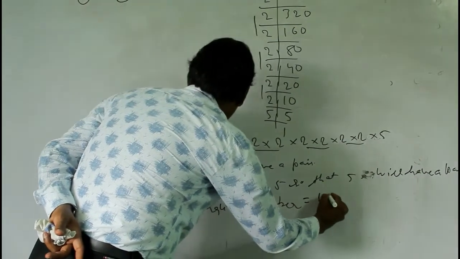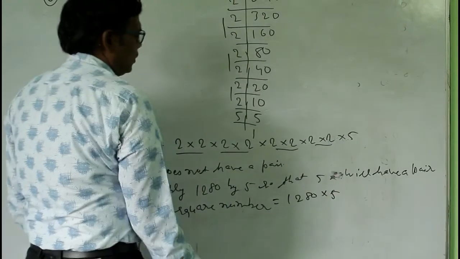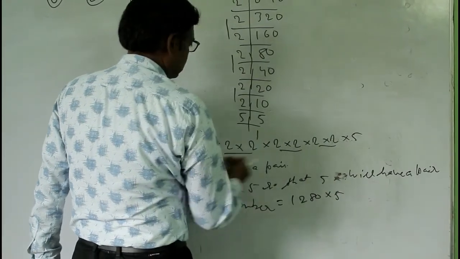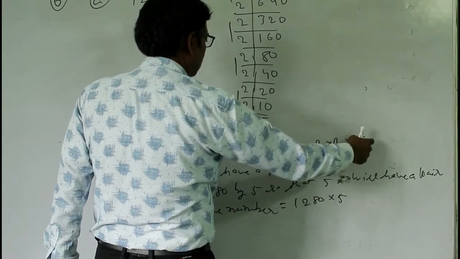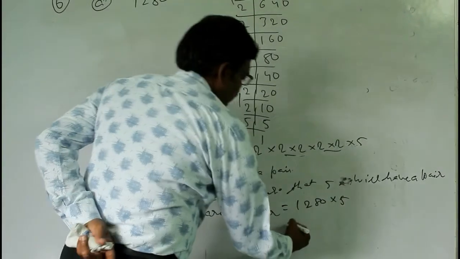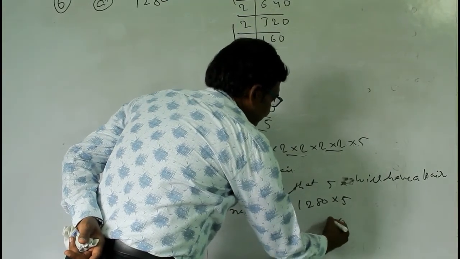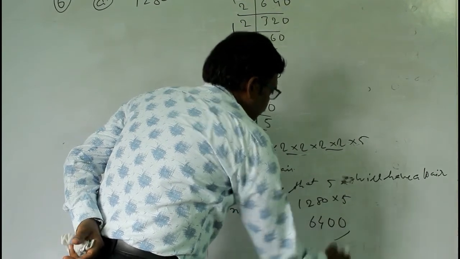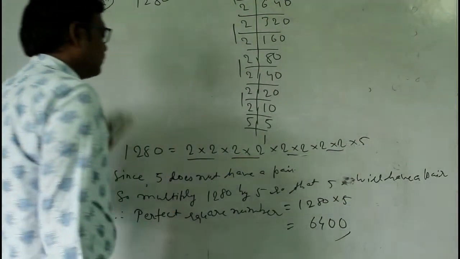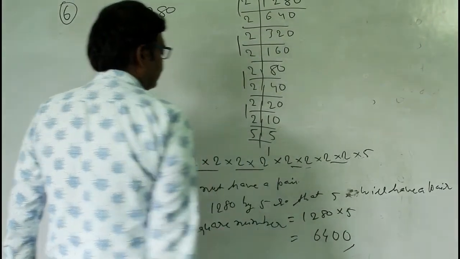Number equal to 1280 into 5, because the factors of 1280 are already this, and here we have multiplied an extra 5, so it will be into 5. So this will be the perfect square, 6400 is the answer, and this 6400 is the perfect square number.